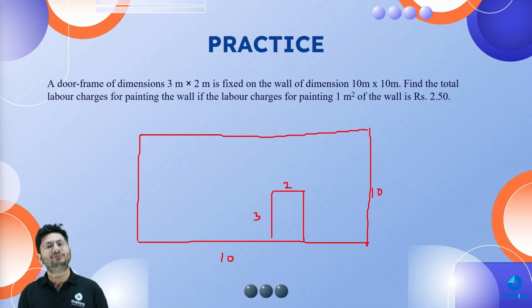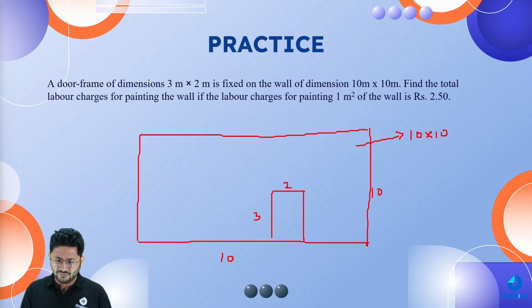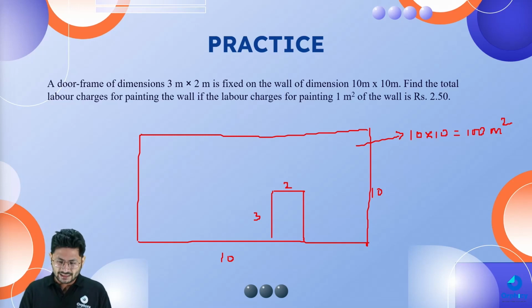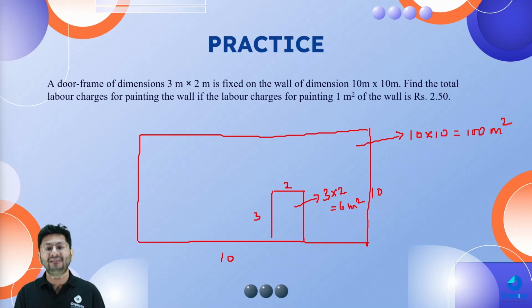Okay, so first of all calculate what is the total area of the wall, that is 10 into 10 which is 100 मीटर स्क्वायर. लेकिन डोर को पेंट नहीं करेंगे. डोर का एरिया कितना आएगा, 3 into 2 that is 6 मीटर स्क्वायर. So we can say a total of 100 minus 6 that is equal to 94 मीटर स्क्वायर का एरिया needs to be painted.